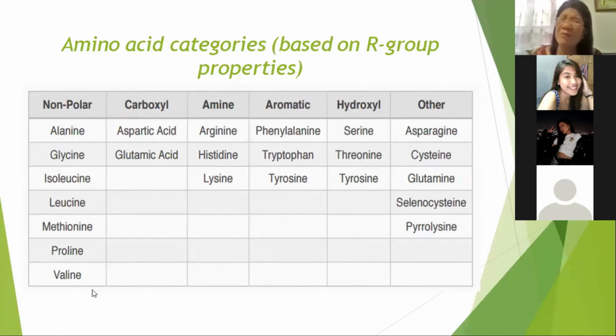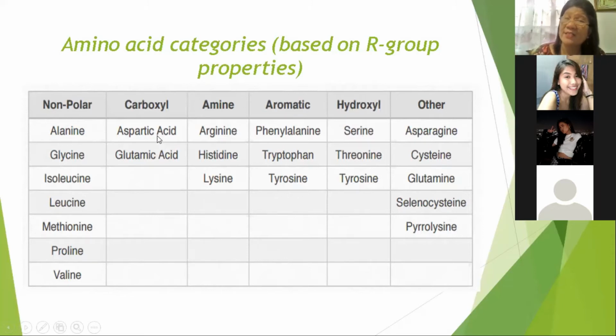Carboxyl. Ma'am, which ones have a carboxyl? Meaning, they have a carboxyl group. Okay, pila pa ta ka minutes. The carboxylic group COOH, there are others with extra carboxyl. They are aspartic and glutamic. They have an extra carboxyl group.